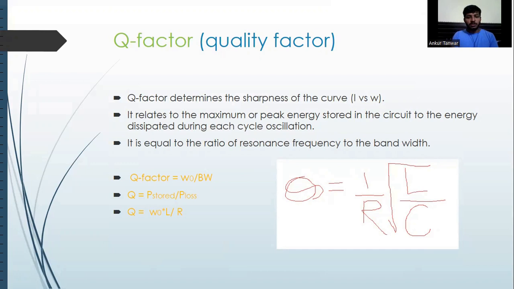It is equal to the ratio of the resonance frequency to the bandwidth, or power stored divided by power loss. In general, we obtain the relation quality factor is equal to 1 by R root L by C.